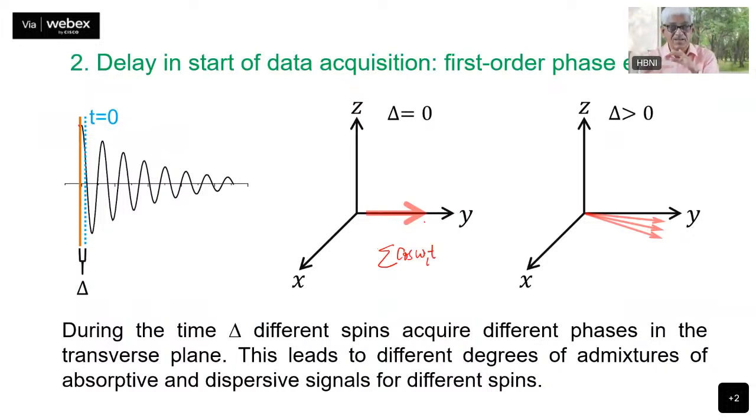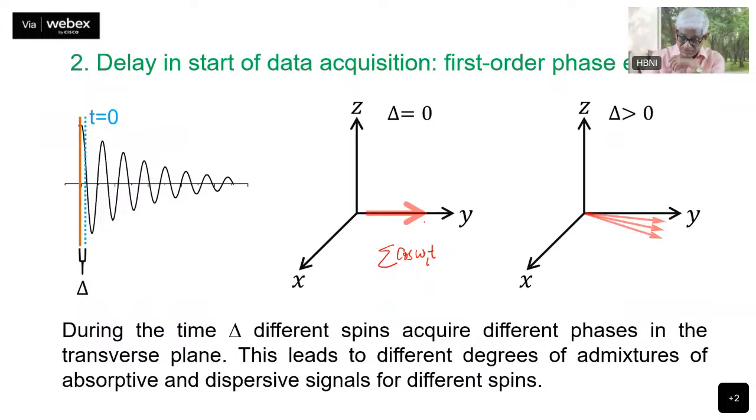Then these different frequencies will start precessing. During this period delta, they would have moved to different extents, so they all have different components along the y-axis. Therefore, they will have different signals.